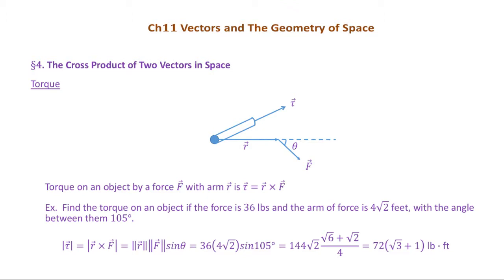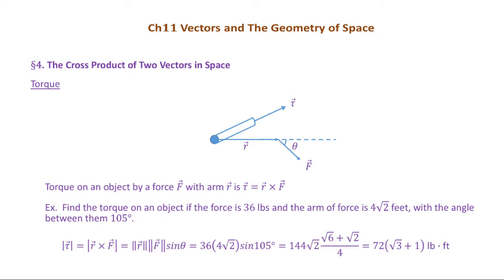Okay. So in here we've got the object, a cylinder with some arm R, and then the force F is applied at the terminal point of the arm R. And then the torque will be pointing inside, perpendicular to the plane.